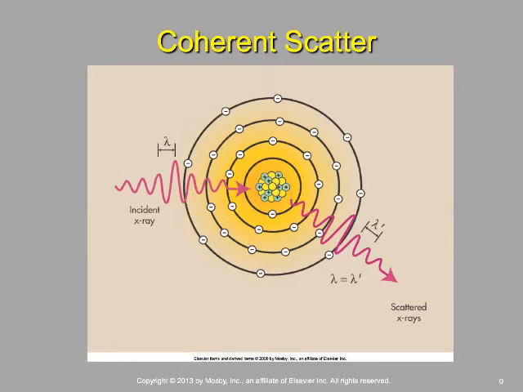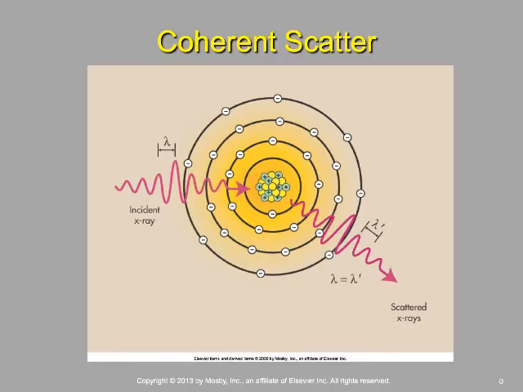In general, these are very, very low energy, but it does not result in ionization of the atom. It results in excitation of the atom, and that can be excitation of either the atom itself or excitation of a single electron within the atom. And so I don't think we necessarily need to get into the specifics of whether it's Rayleigh or Thompson scattering that's occurring, as long as we understand that they are all forms of coherent scatter.